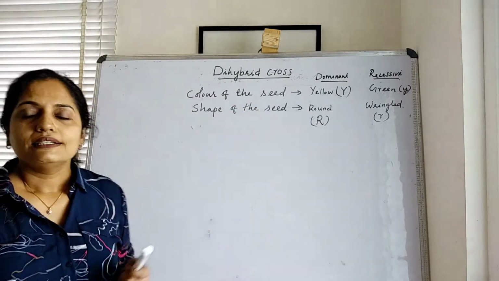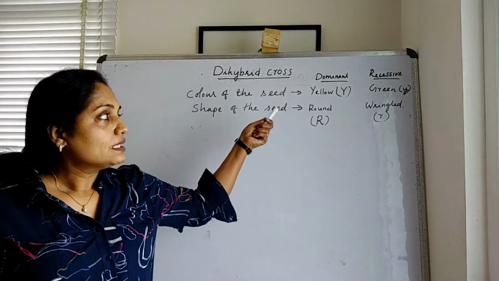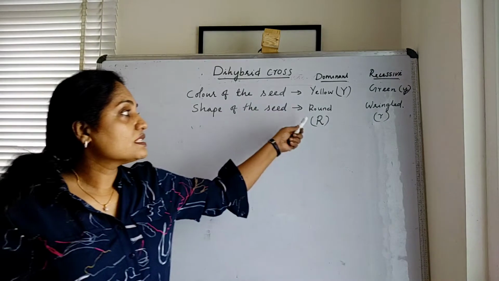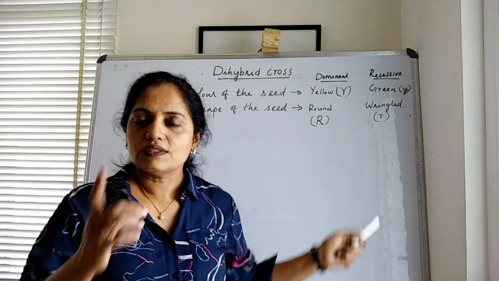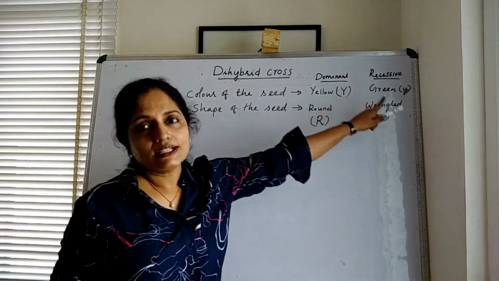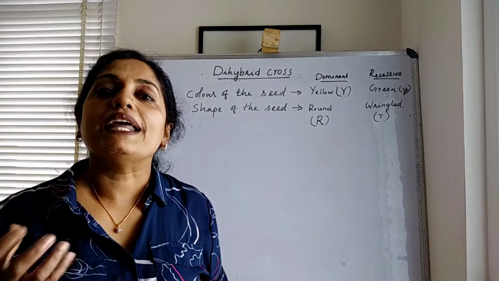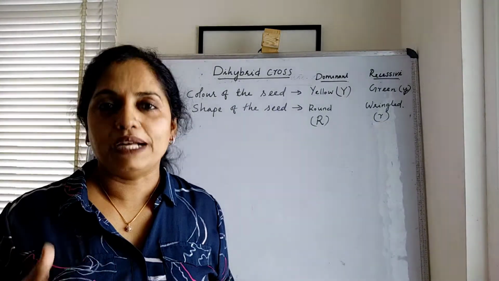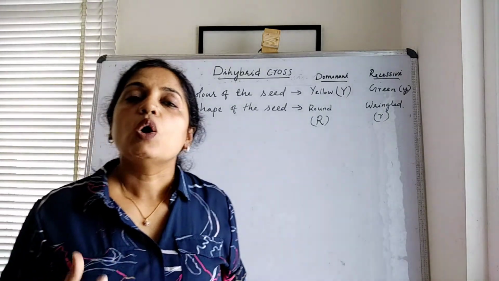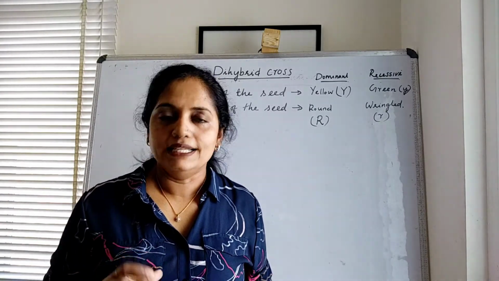Mendel selected a purebred yellow colored seed with round shape as one parent and another plant with the green colored seed but shape of the seed was wrinkled. Both parents were purebred, or they have homozygous pairs of alleles.